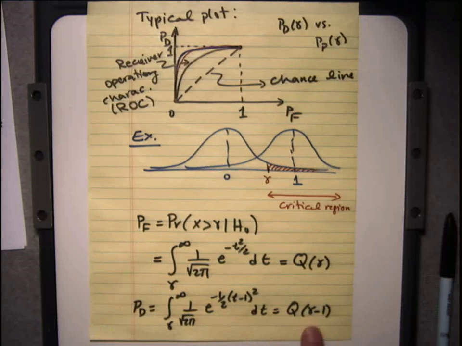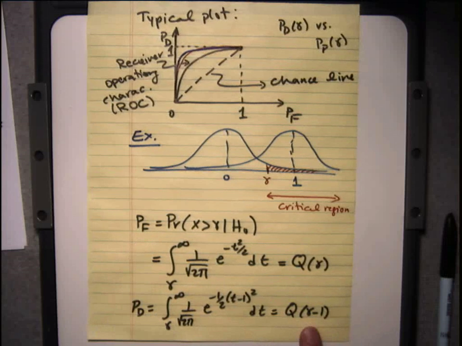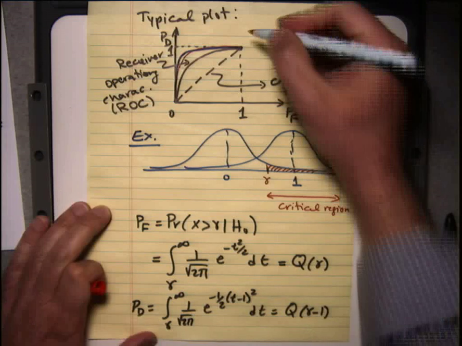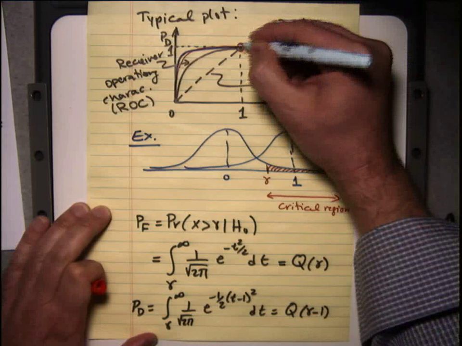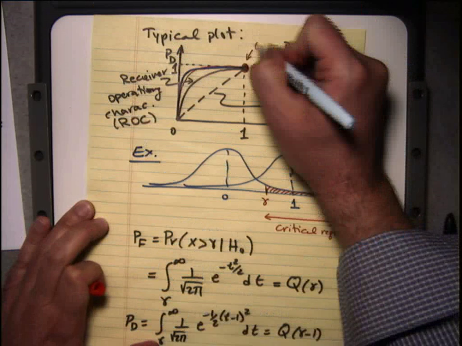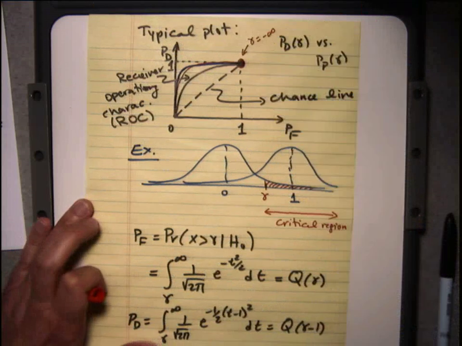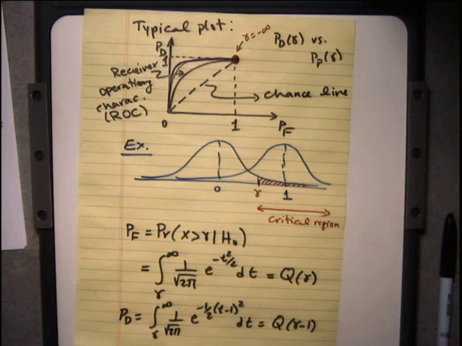On the other hand, what would this be? It would also be 1, right? So you would land at this point where gamma is minus infinity. What if you set gamma to infinity? Where would you end up? At the other end.